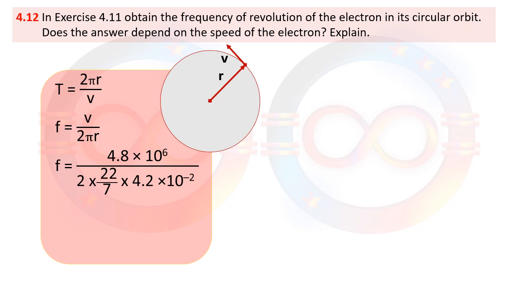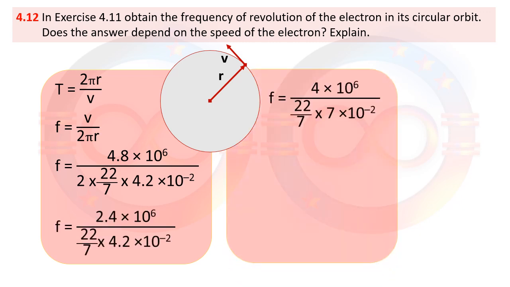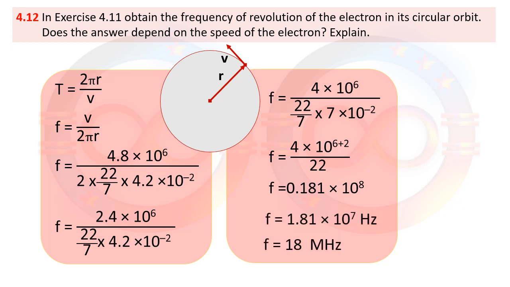F is equal to v upon 2 pi r. So F is equal to 4.8 into 10 raised to 6 upon 2 into pi, that is 22 upon 7, into 4.2 into 10 raised to minus 2, the radius. Once we simplify it, we will be getting 4.22 into 10 raised to 8, or 0.181 into 10 raised to 8, or 18 megahertz is the frequency.